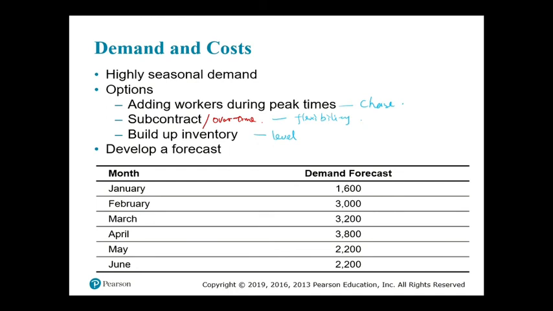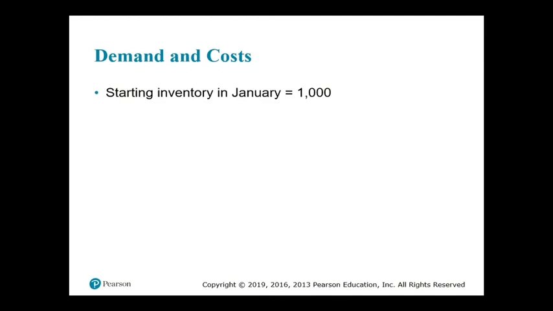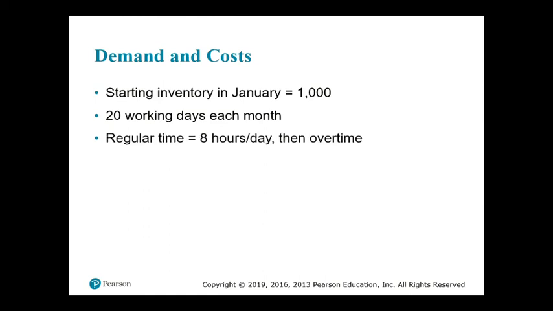And before we do that, we also need to know some additional information, like where we start, what the starting status is. Say my inventory at the start of the planning horizon in January is 1,000 units. And for each month, there are 20 working days. And for each day, there are 8 hours of regular time.